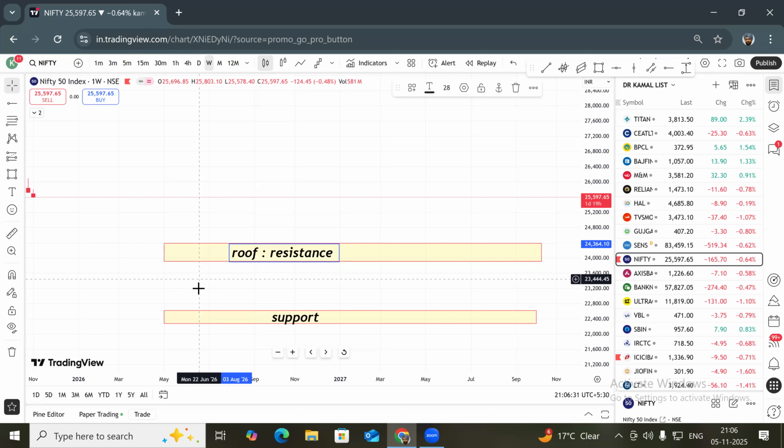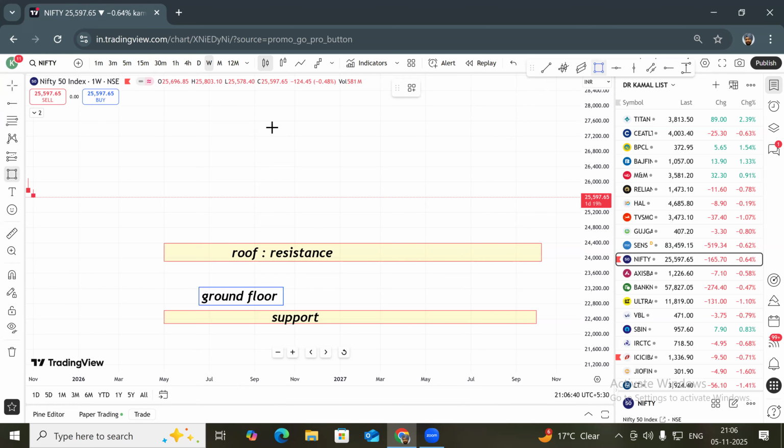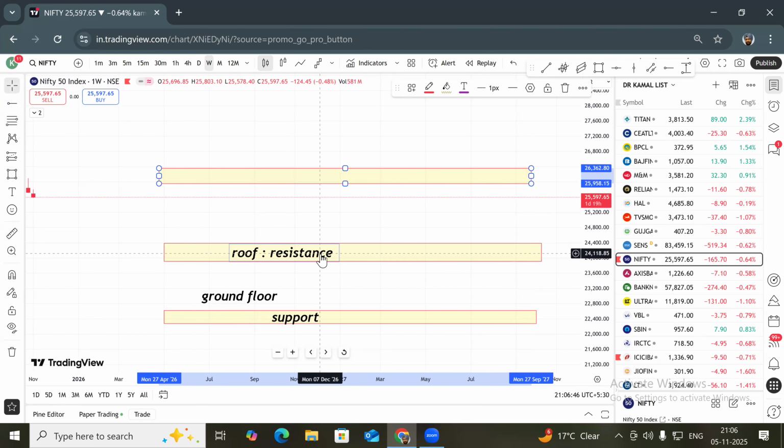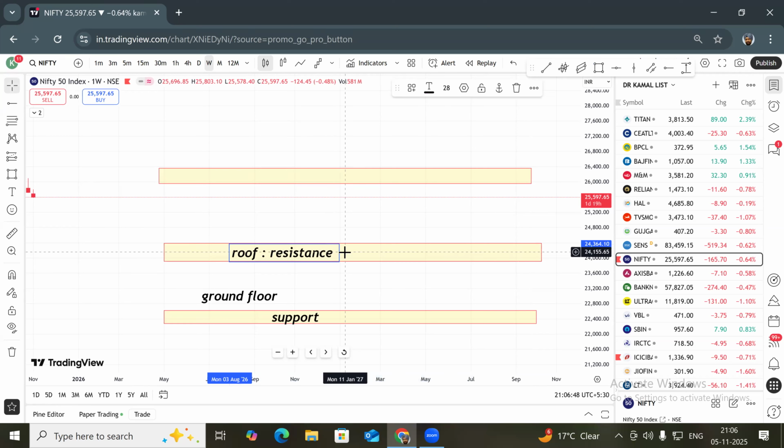Okay, if you are on the ground floor. But for anybody who is staying on the first floor, this roof, which was resistance, is actually the support. It's the floor for him. And this is the resistance for him.